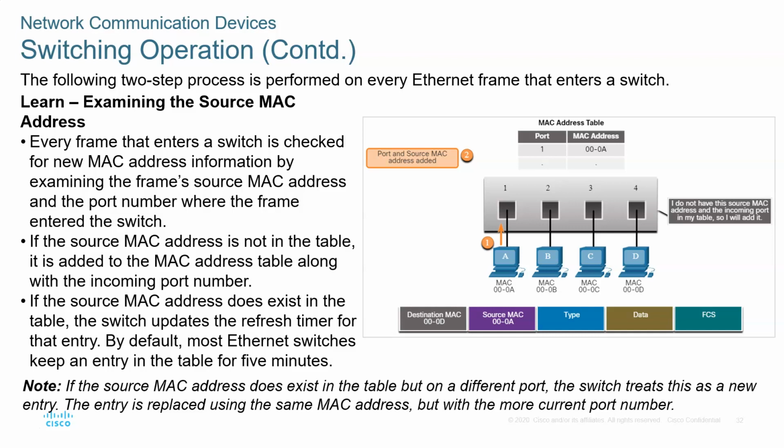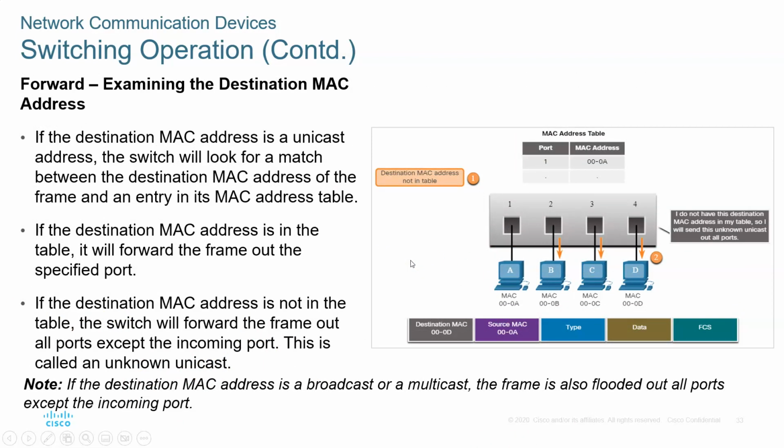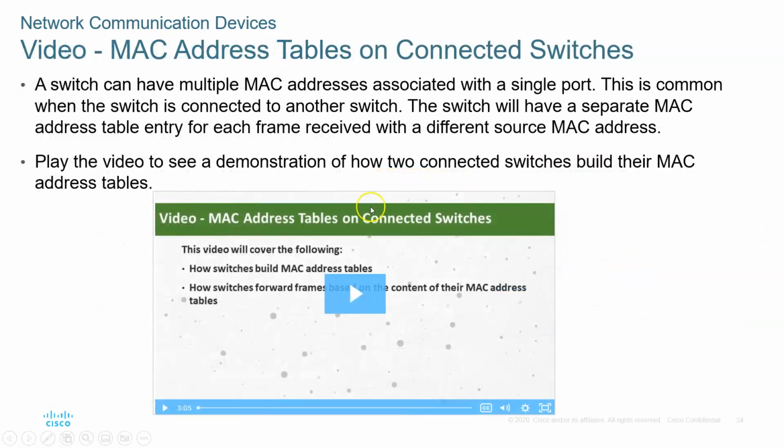That's how the switch learns what MAC address is located at what port. Okay, so let's see what's going on here. All right, so there you go. You're flooding everybody, and then after that, you respond back.